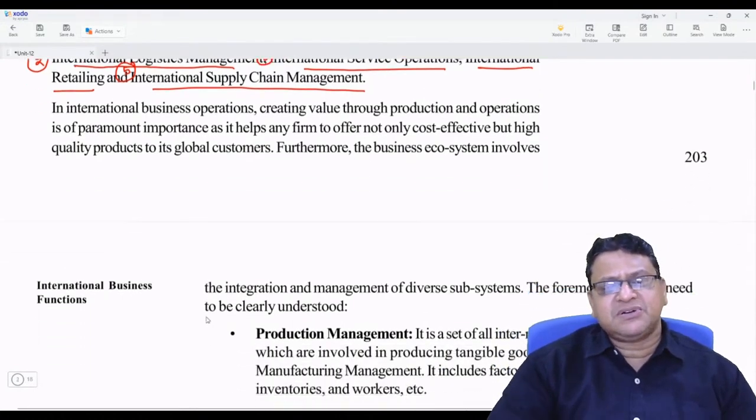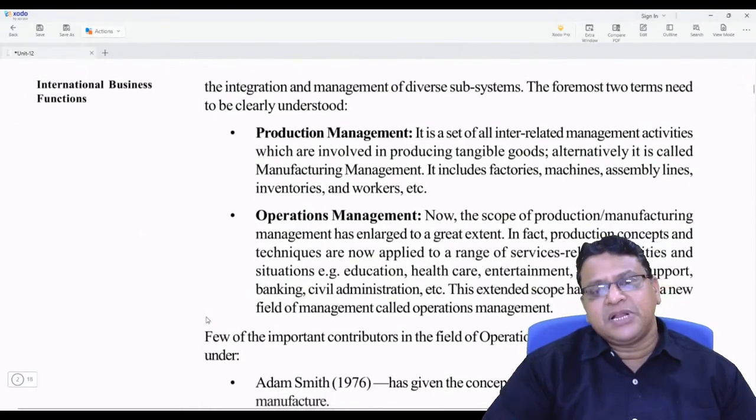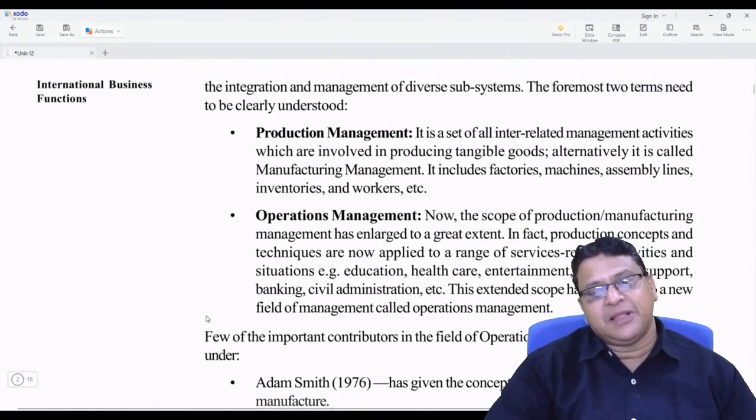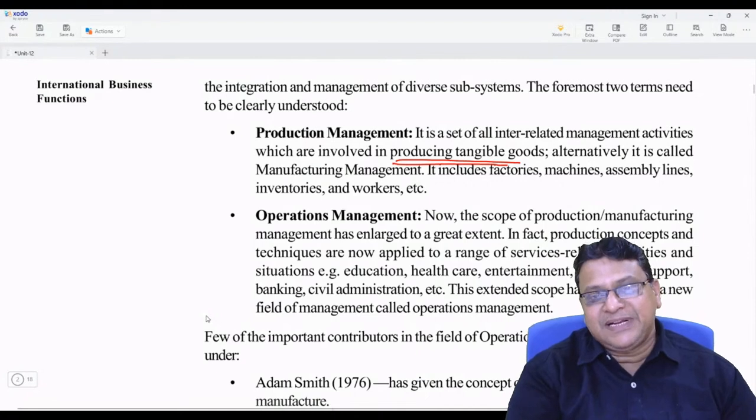Friends, before discussing these 5 aspects, let me first differentiate between 2 important terms: production management and operations management. What is the difference between them? Production management is the management of producing tangible goods. It is all the interrelated management activities involved in producing tangible goods.